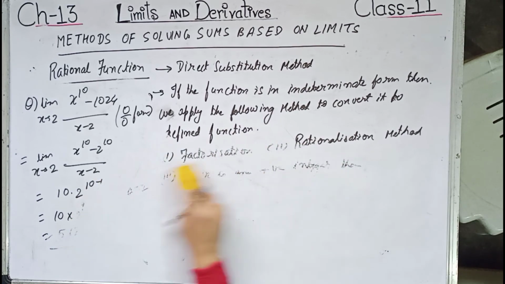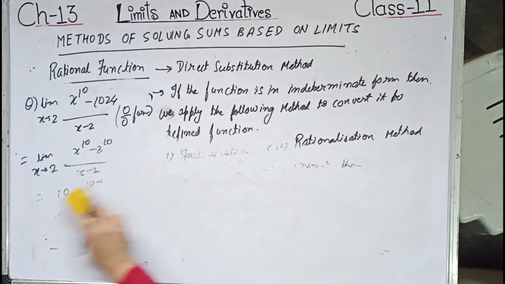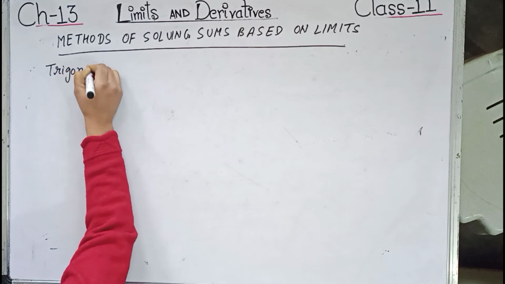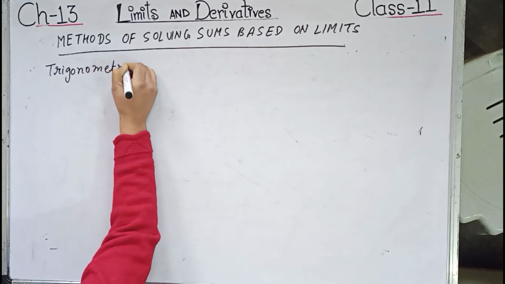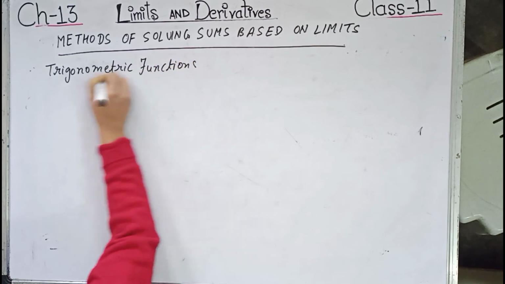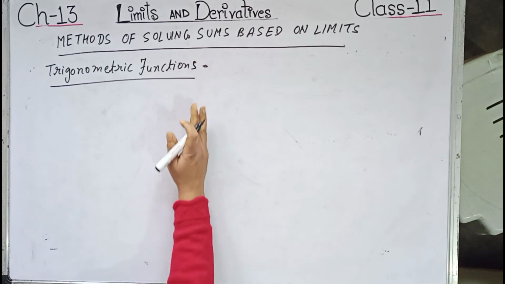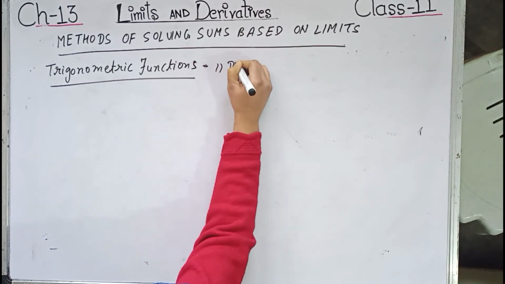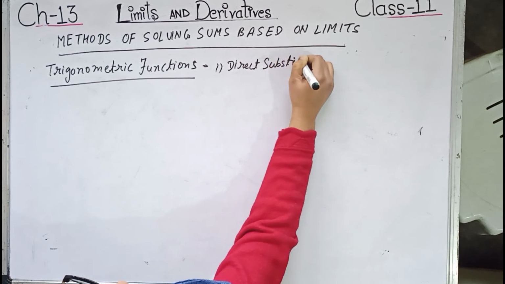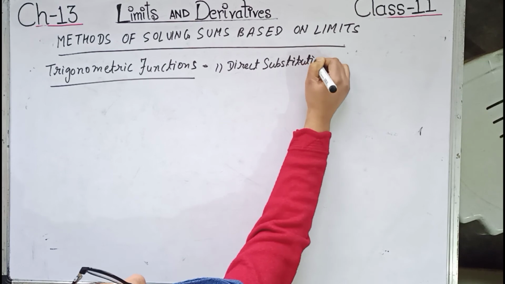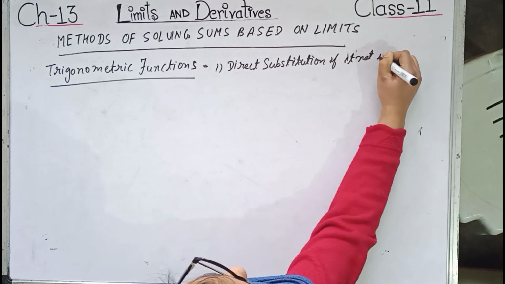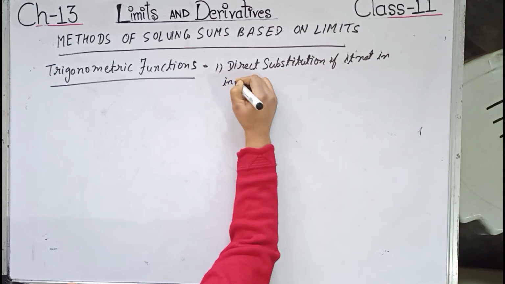Now let us move to the third type of function, that is trigonometric functions. In this also, the first method is direct substitution, if it is not in indeterminate form.